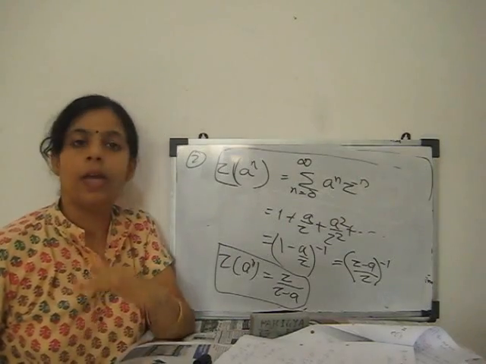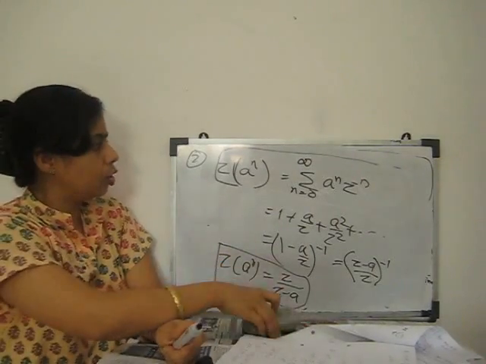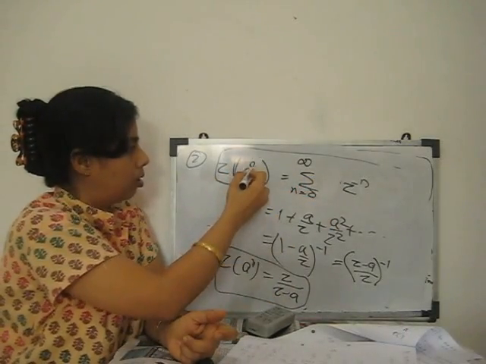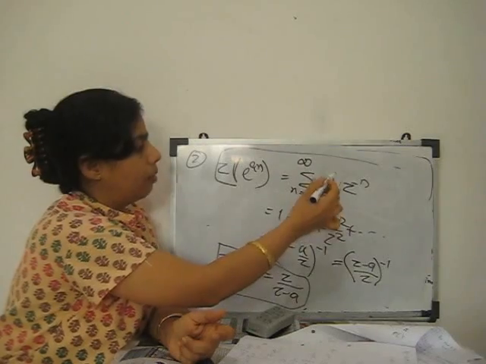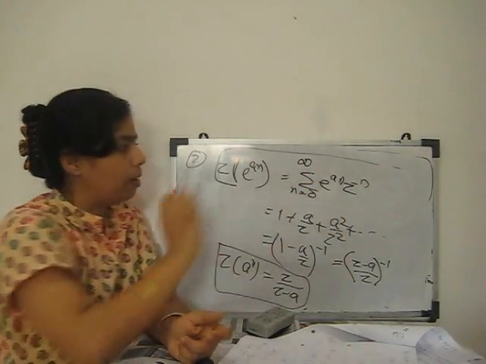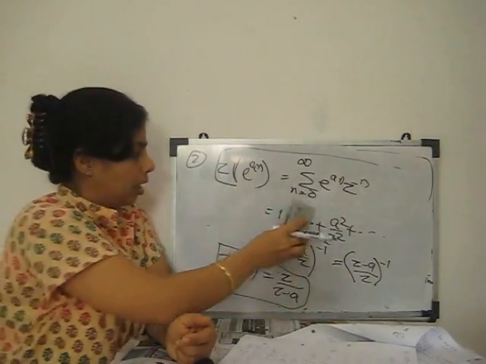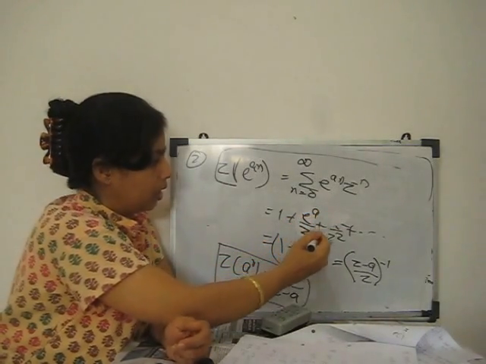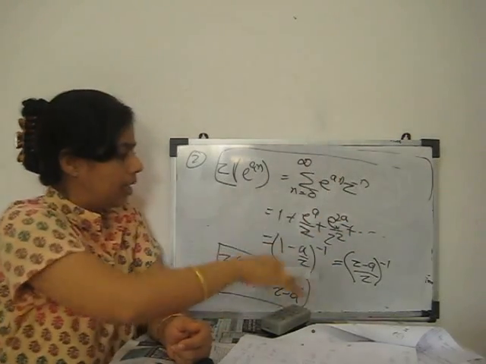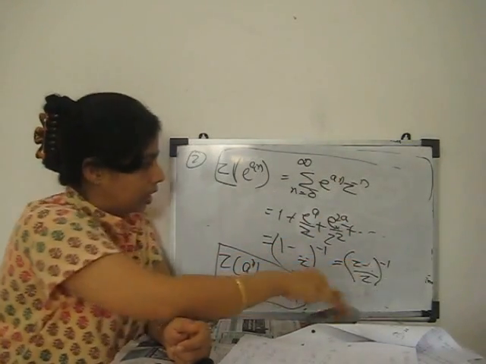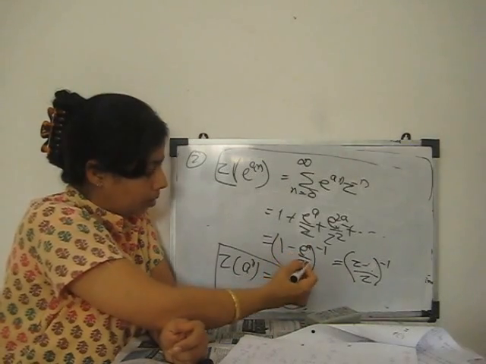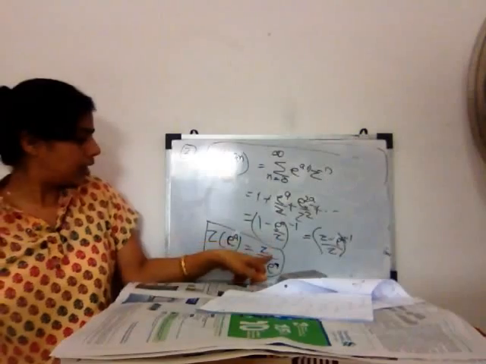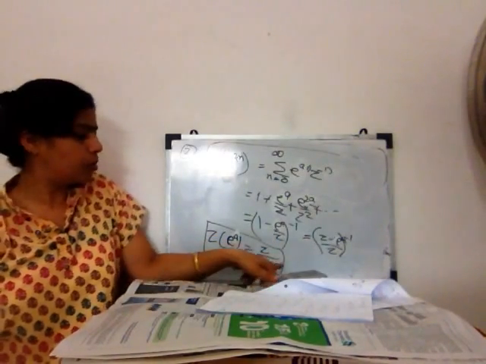Next is the z transform of e to the power an. For e to the power an, you substitute the same way at the place of fn. Your series is e to the power an. You expand it: 1 plus e to the power a by z, e to the power 2a by z square, e to the power 3a by z cube, and so on. So the z transform is z upon z minus e to the power a.